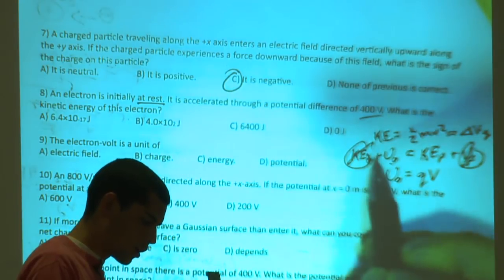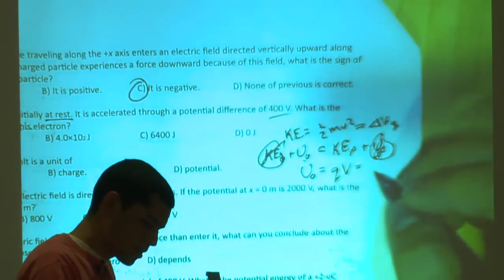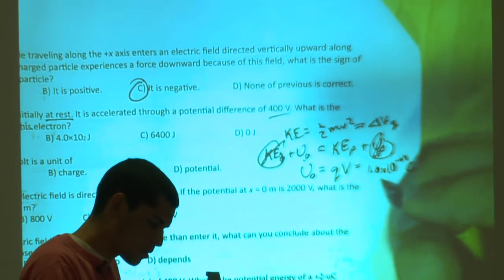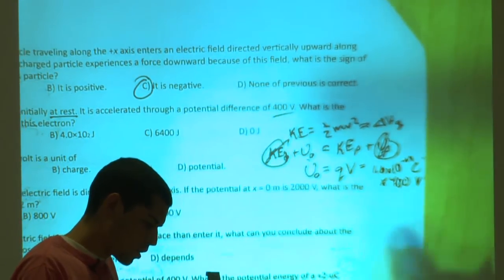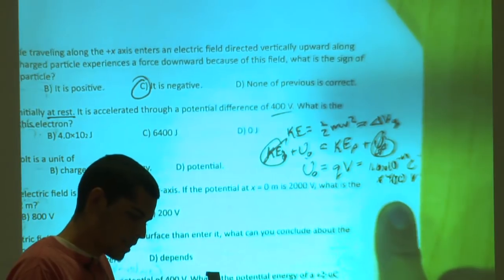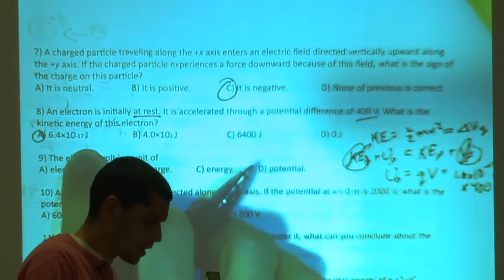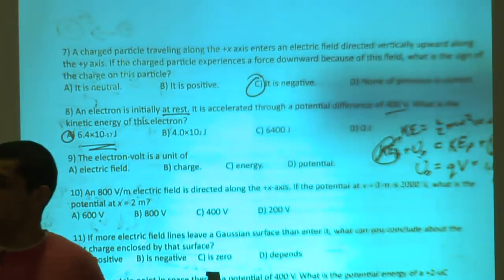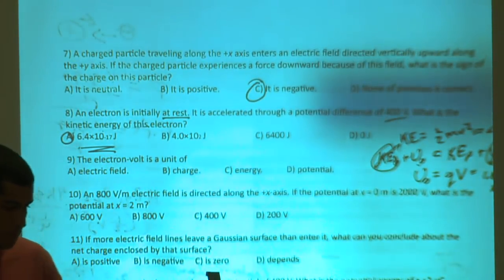So we take the charge of our electron, 1.6 times 10 to the negative 19 coulombs, as we discussed earlier. And we multiply this by a change in potential of 400 volts. We'll see that we get our answer to be 6.4 times 10 to the negative 17 joules. 6.4 times 10 to the negative 17 joules, okay?